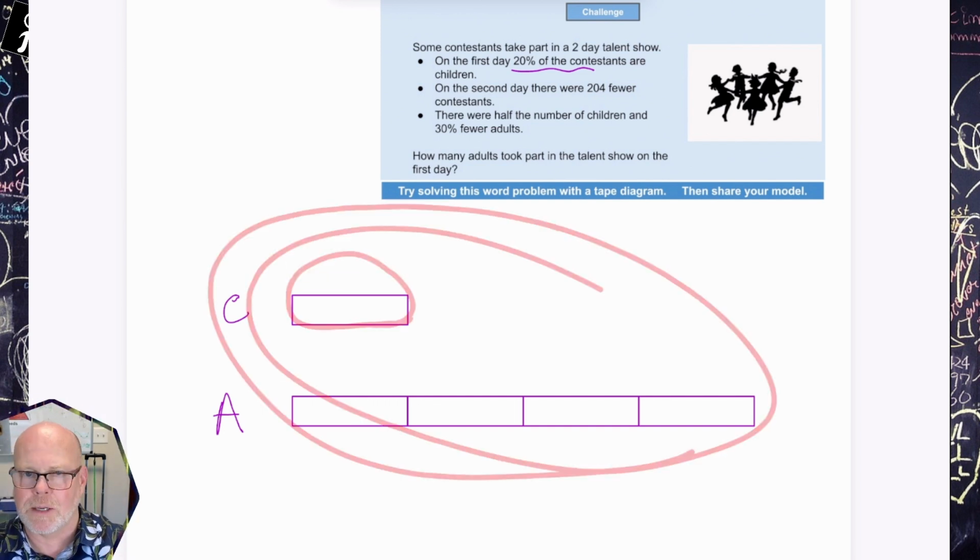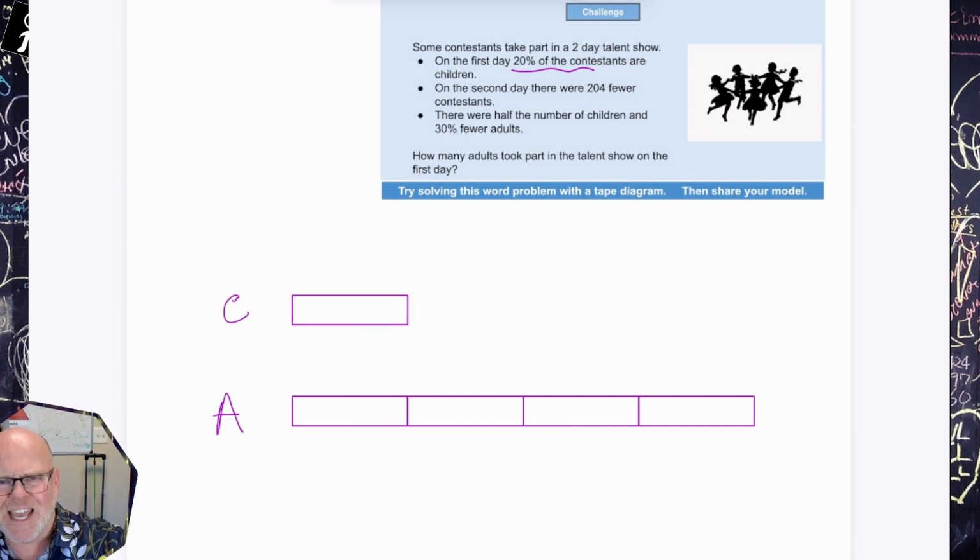So that's your 20%. It says on the second day, there were 204 fewer contestants. So we lost some kids, we lost some adults, and now there's 204 fewer. There were half the number of children and 30% fewer adults.